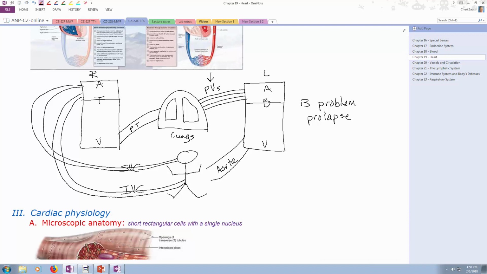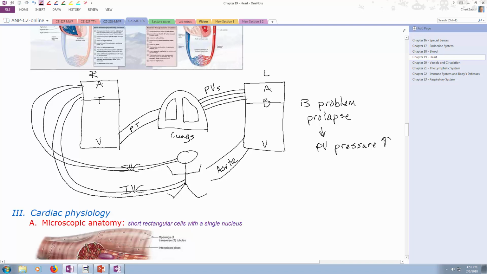So PV pressure, let's erase that little guy there. So this means pulmonary vein pressure increases. Well, if pulmonary vein pressure increases, this means that the capillaries are going to be under increased pressure in the lungs, correct? And when you have increased pressure of the capillaries from their luminal aspect, you get leaky capillaries.